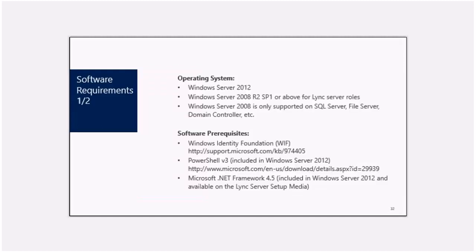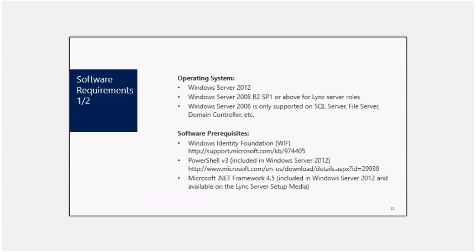From a software requirement perspective for Lync Server 2013, you can run it on Windows Server 2012, 2012 R2, or Windows Server 2008 R2 SP1 or above for any of the Lync server roles, and your SQL Server can run from Windows Server 2008 up to Windows Server 2012.